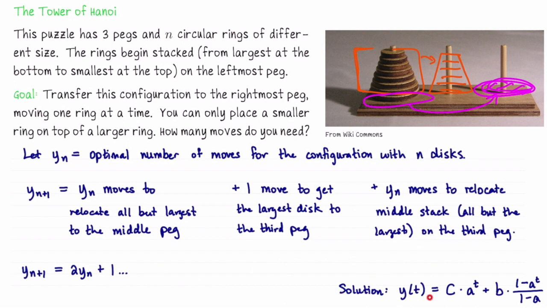So I've put down here the solution of the general form of this type of equation. We have a and b. We need to think about c. Notice that if you had 0 discs, you would need to make 0 moves. So actually, y sub 0 is 0.